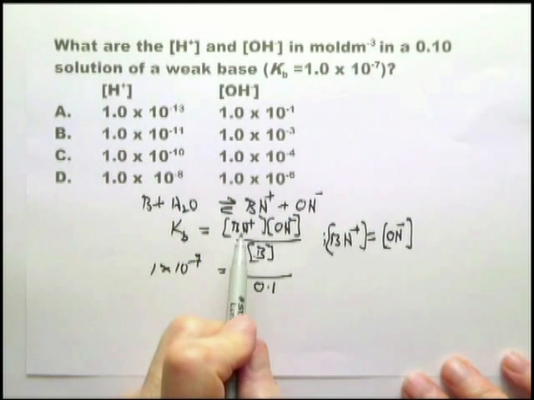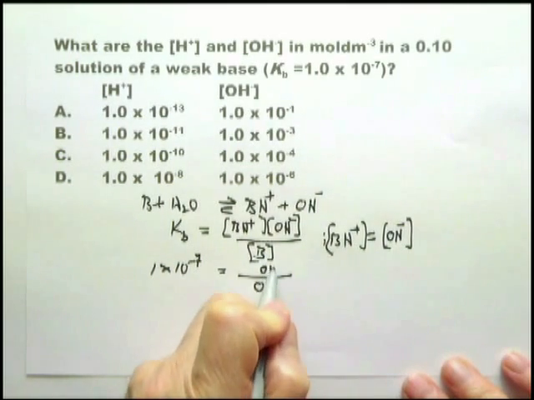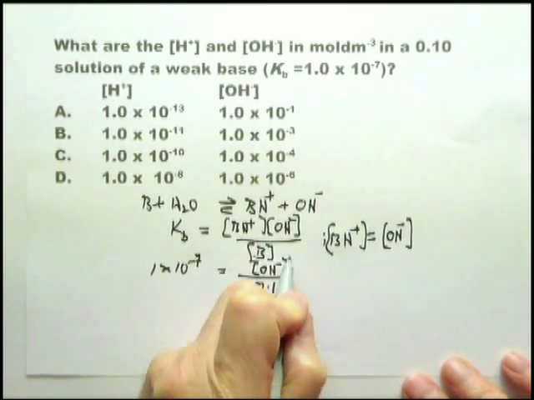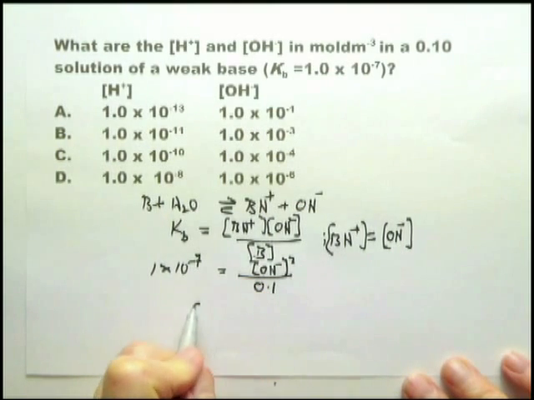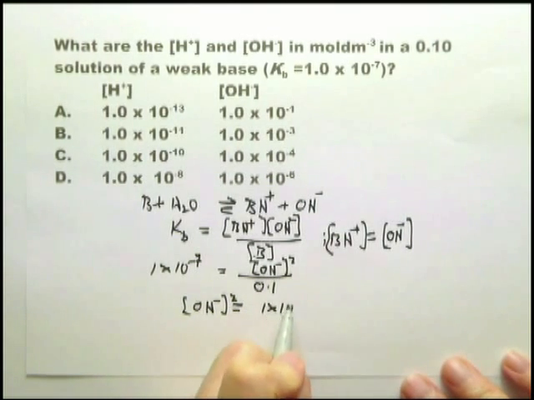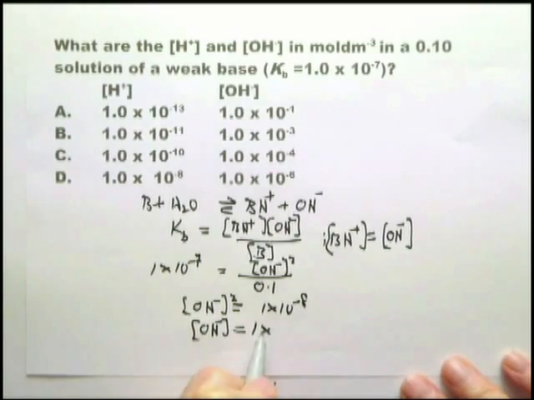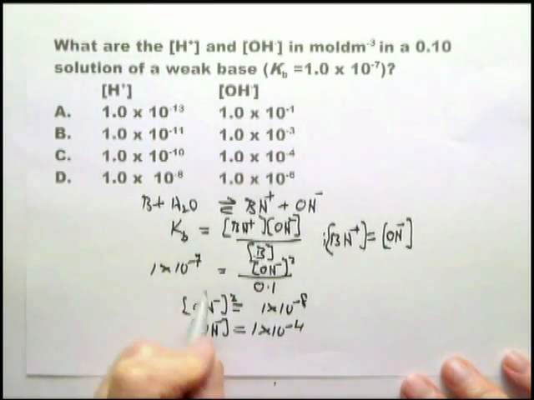Therefore, we can substitute BH plus by OH minus, and we have OH minus squared here, and therefore OH minus squared equals that times that, which is 1 times 10 to the minus 8, and therefore OH minus equals 1 times 10 to the minus 4.